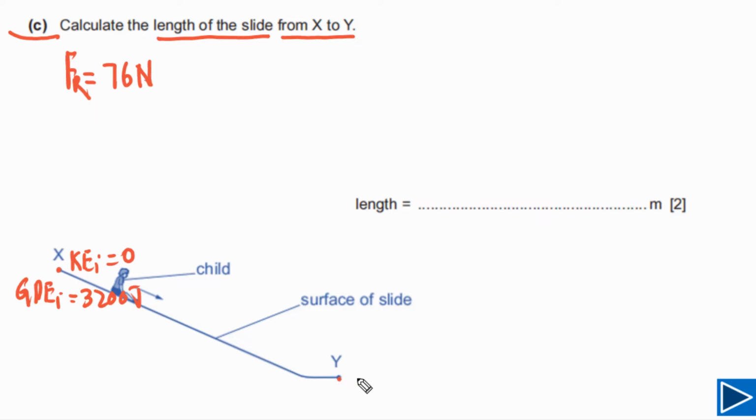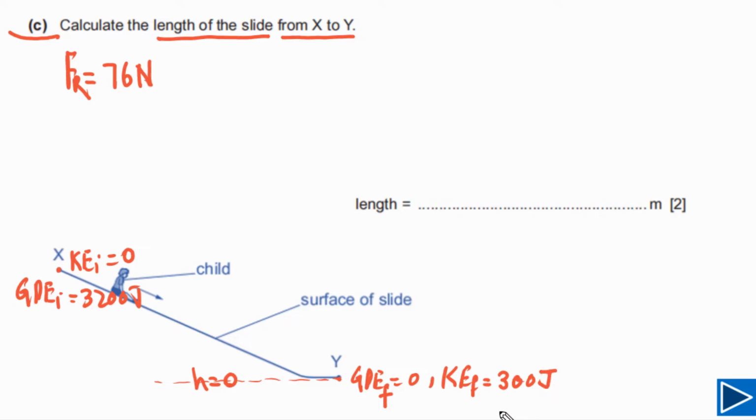At point Y, GPE is equal to 0. This is the final value of gravitational potential energy, because we are taking Y as our reference point, and at this point we are assuming h is equal to 0. So GPE final is equal to 0. And kinetic energy at Y is also given to us. This is kinetic energy final, and this is equal to 300 joules.